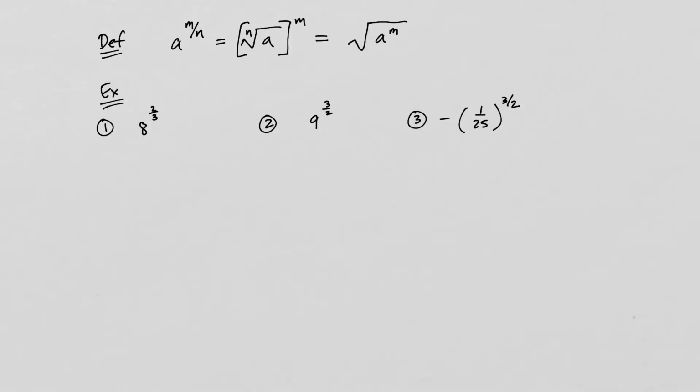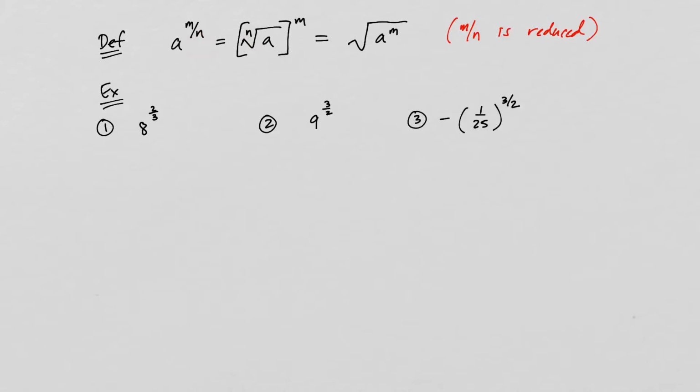Now, of course, some fractions do not have a 1 in the numerator. Some fractions will have a number m over a number n, where we assume that this fraction is in lowest terms. So we are going to assume that m over n is reduced. The definition for this is the same for the bottom number: the bottom number is the index of the radical.